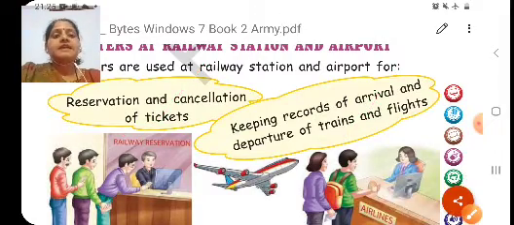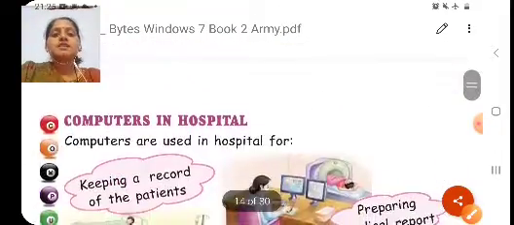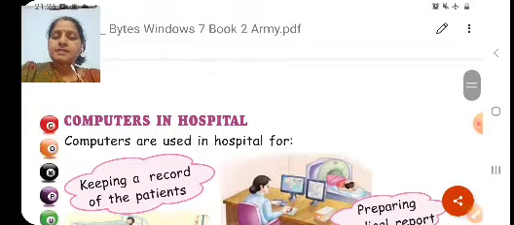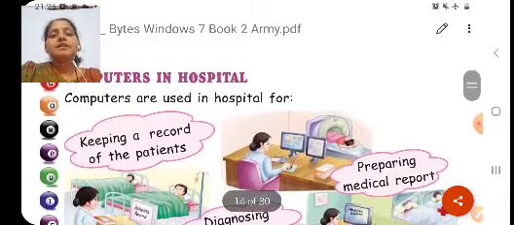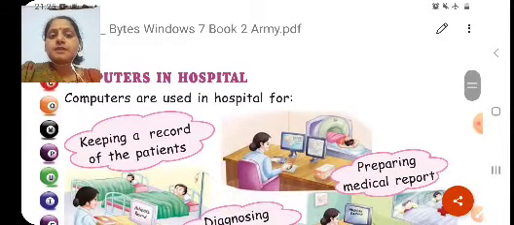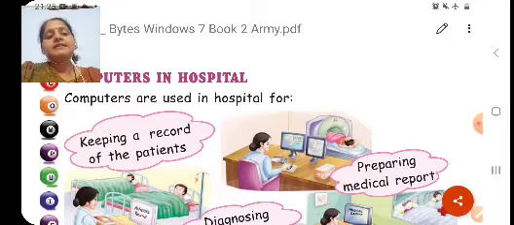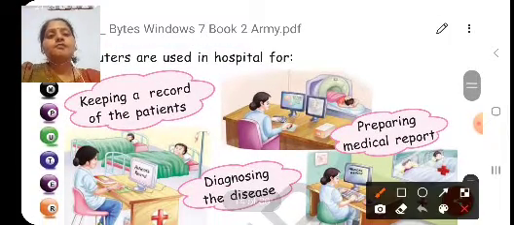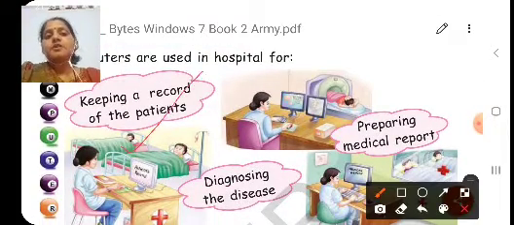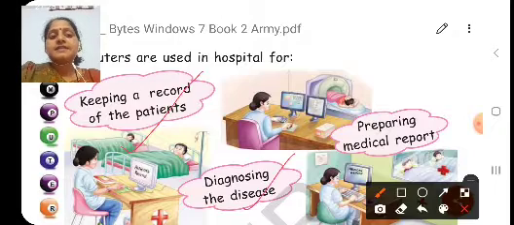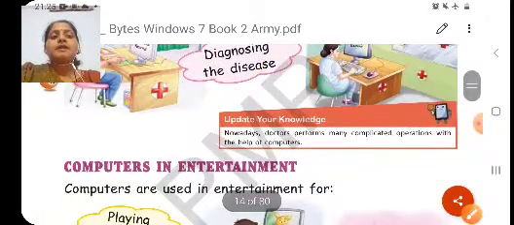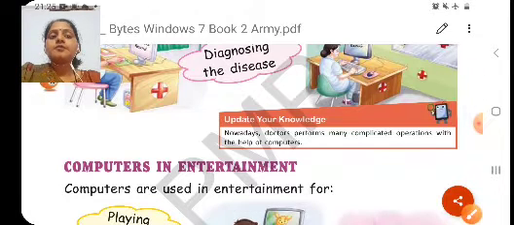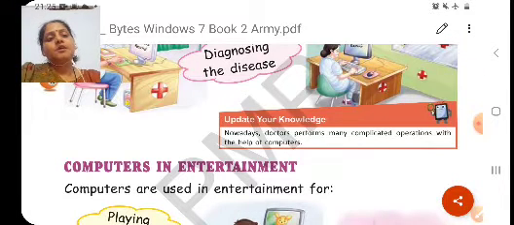Then children, next place where computers are used is computers in hospitals. So nowadays children, we are doing lot of things using the computers in hospitals, and these are keeping record of the patients of the hospital, diagnosing the disease, preparing medical report, and also children, nowadays doctors perform many complicated operation using the computers.